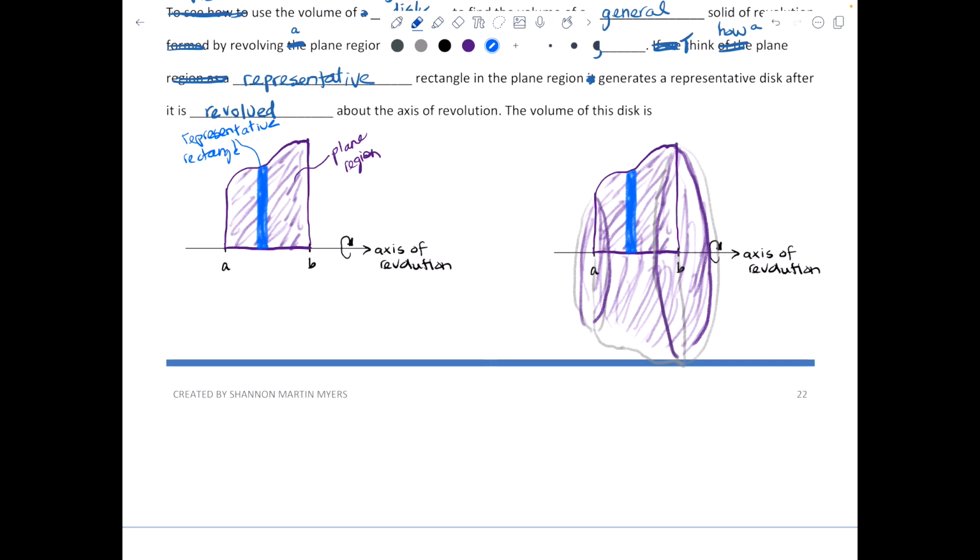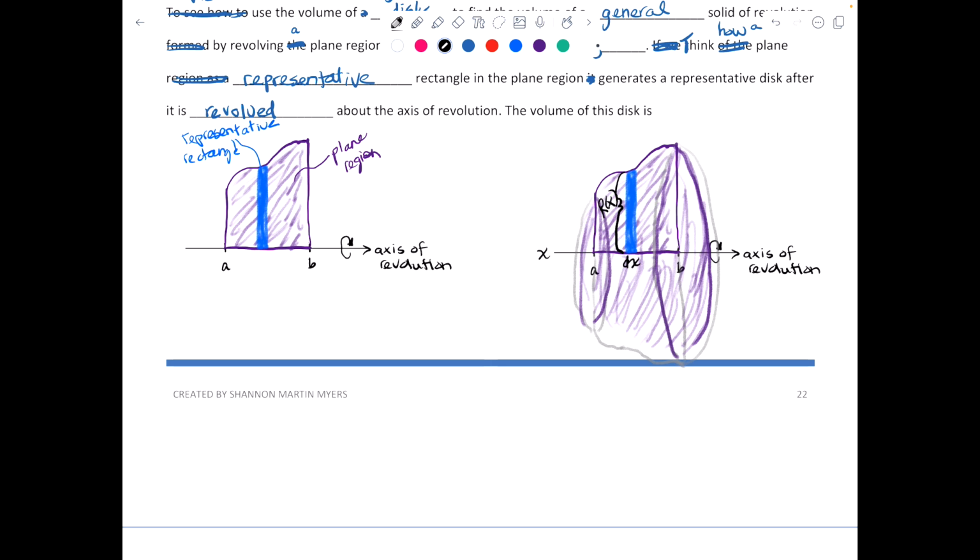Well, if we say that this axis is not just some random axis, let's just say this axis happens to be the x-axis, the line y equals 0, right? Then this would be dx, the width of our representative rectangle, and then at any given time, the radius of our disk that we're interested in would be R in terms of x.